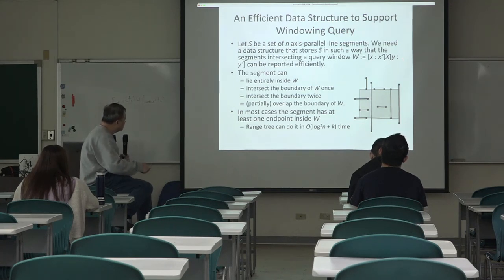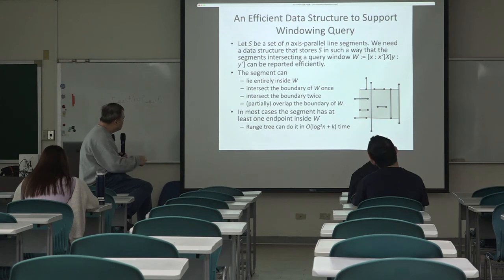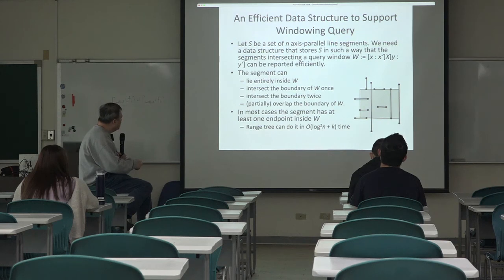Let's look at this figure. You can see that each segment can lie entirely inside the window, like this, or intersect the boundary of the window once, like for example this one, right?